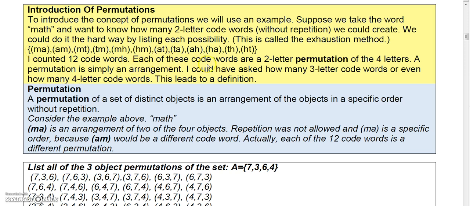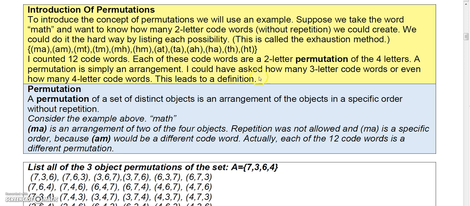Now each of these code words is actually a two-letter permutation of the four letters. A permutation is simply an arrangement. So each of these represents a two-letter arrangement of the four letters.